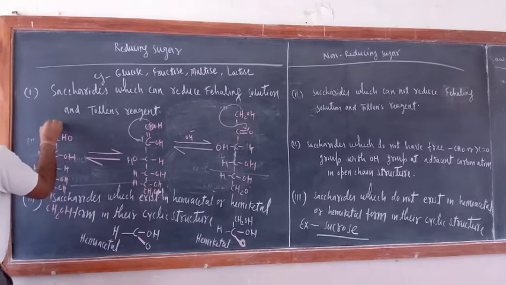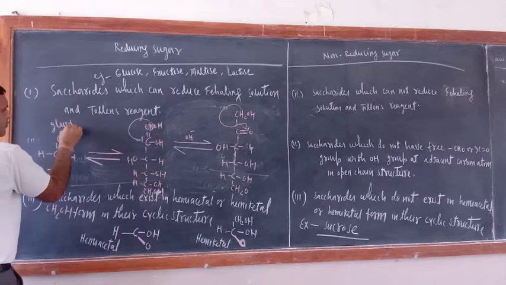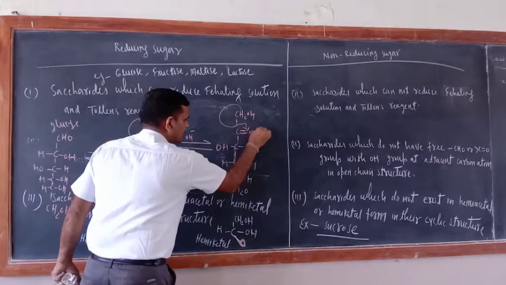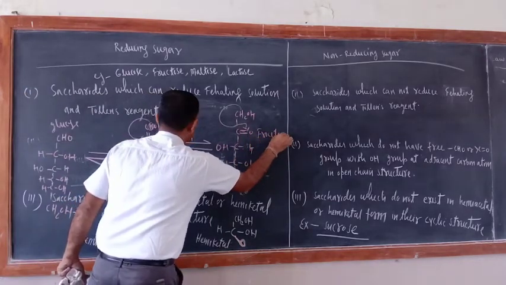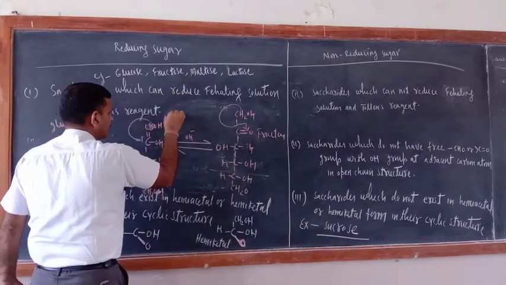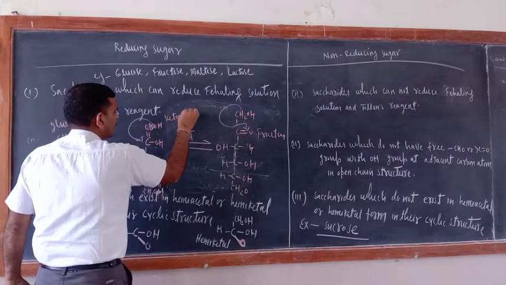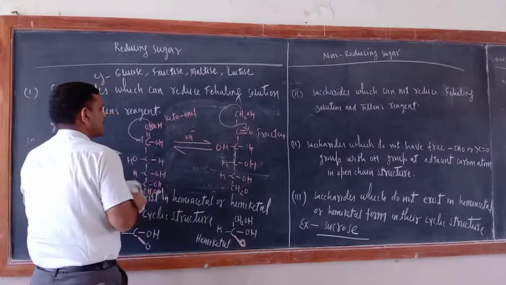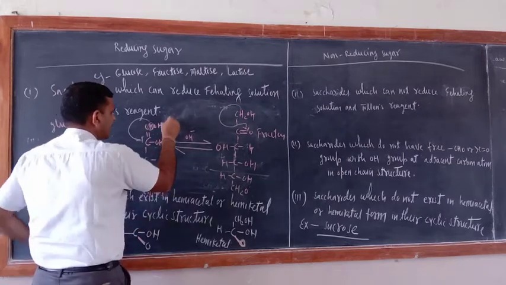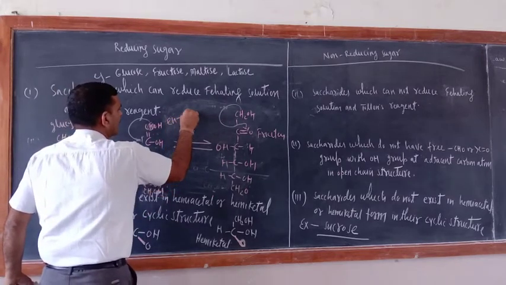Just see, this is glucose now. This is glucose and this is fructose, and this is the enol form.